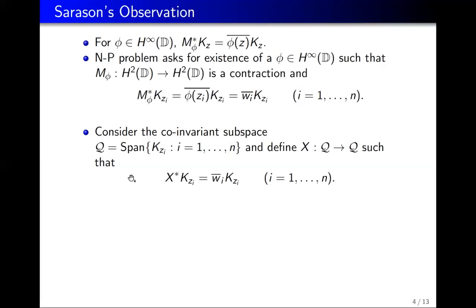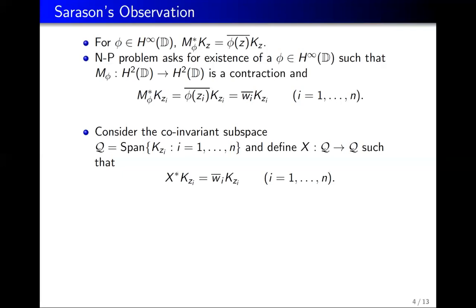The fact that phi interpolates the data is captured by the action of M phi star on the kernel vectors. In other words, this operator X star takes K z_i to w_i bar K z_i, so the interpolation is guaranteed. The only thing is whether X star, initially defined on the n-dimensional subspace Q, can be extended to the whole Hardy space, in the form of some M phi star.